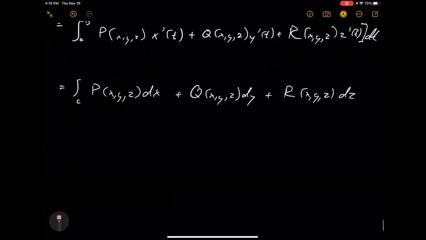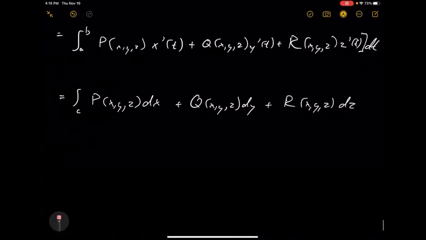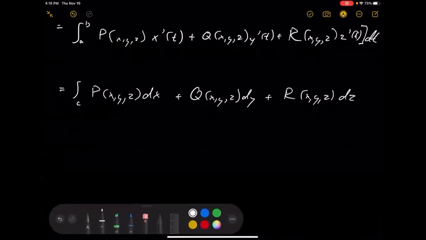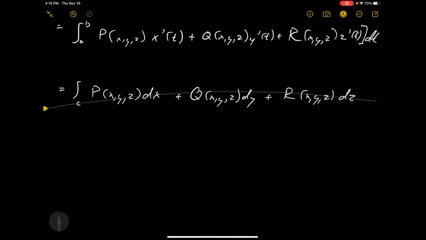And then just kind of distribute that dt to everything. And let's add a step in here.